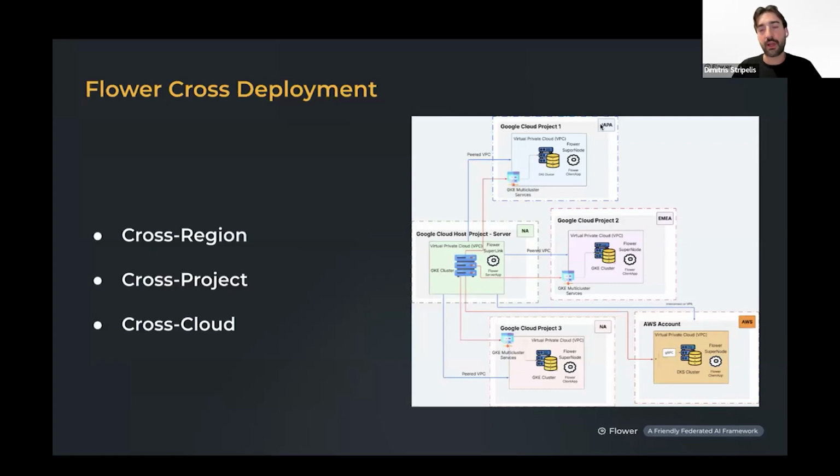So as you can see on the right-hand side, you see a project that is deployed in Japan, another one in Middle East, another one in North America, another project that is running on AWS. So all of this can be done through VPC infrastructure and networking, and basically be able to run a Flower job across many different complicated scenarios or infrastructure.